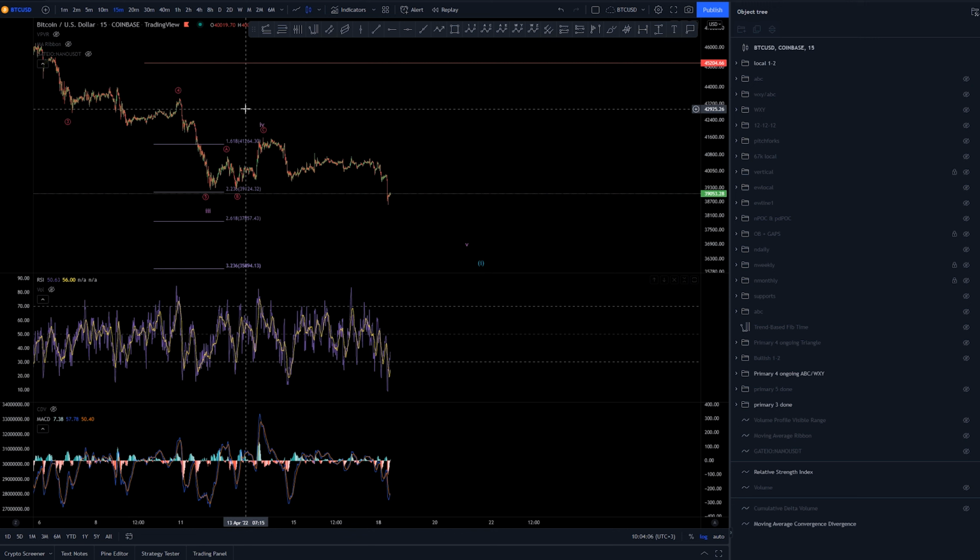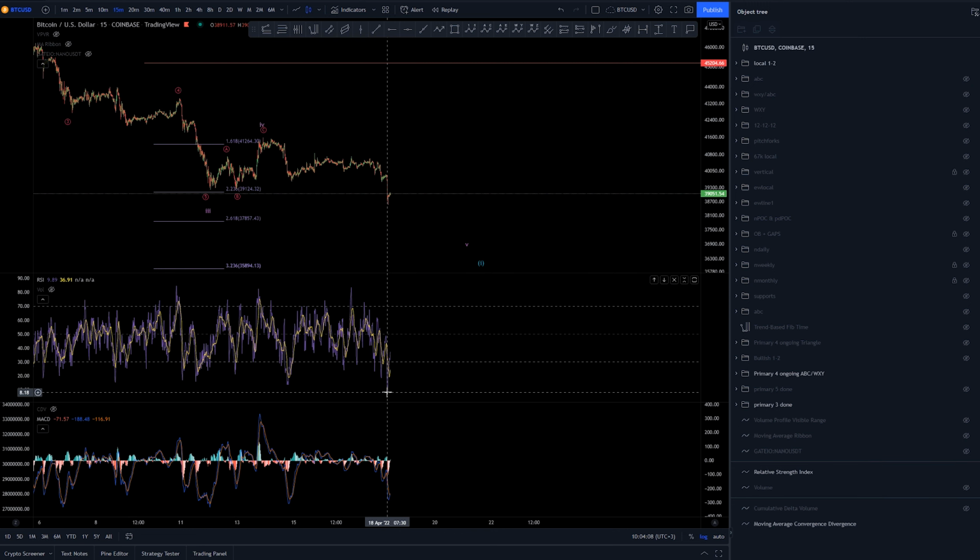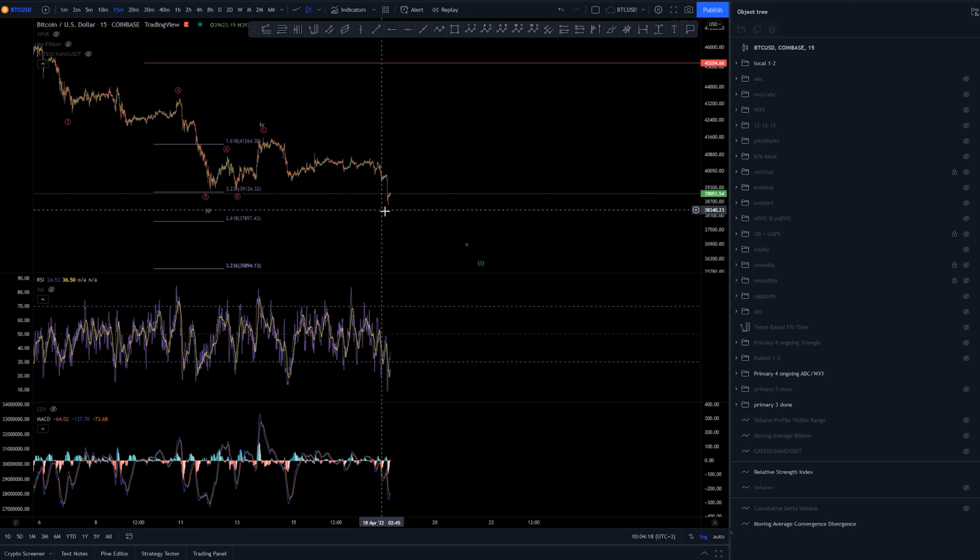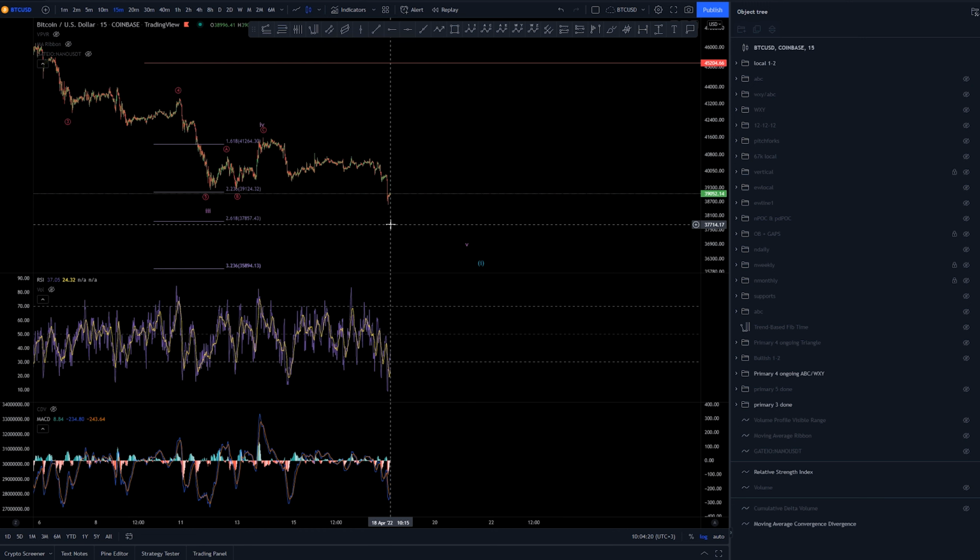The only thing that I don't like about that is that even on 15 minutes this has created a new low on RSI, which usually entails that this is the strongest wave here, or wave structure here, and this is only the third.